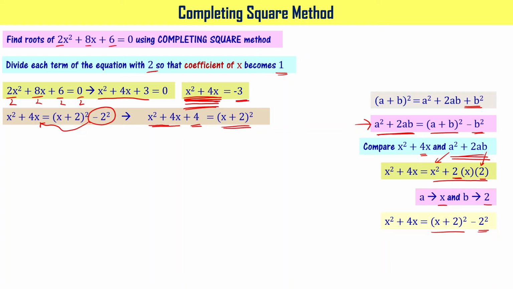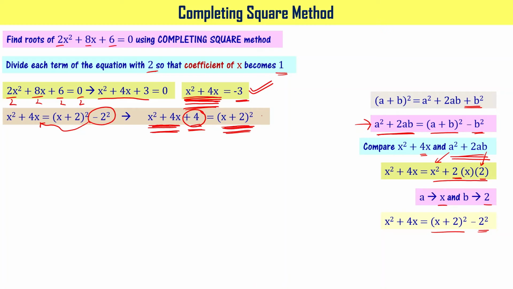Now what you have understood is that by adding the number 4 to x² + 4x, we could make it a complete square, that is (x + 2)², right? Now look at this equation, x² + 4x = -3.